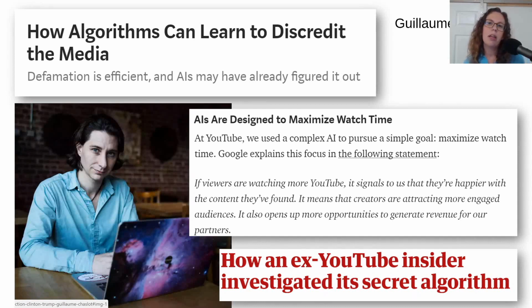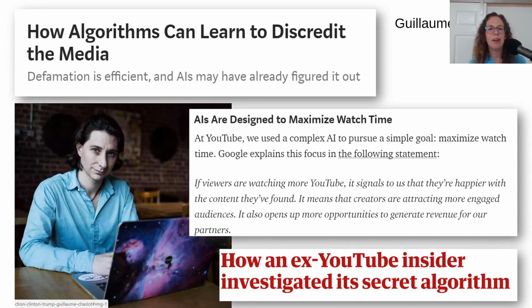He's partnered with The Guardian and The Wall Street Journal to do investigations. But he wrote a post around how in the earlier days, the recommendation system was designed to maximize watch time. And this is something else that's often going on with metrics, is that any metric is just a proxy for what you truly care about.